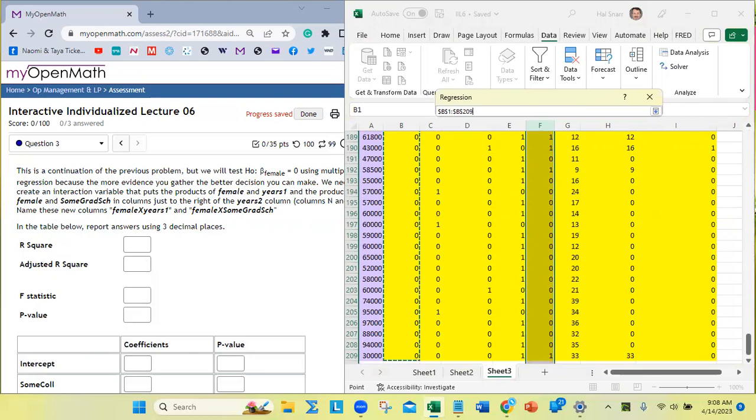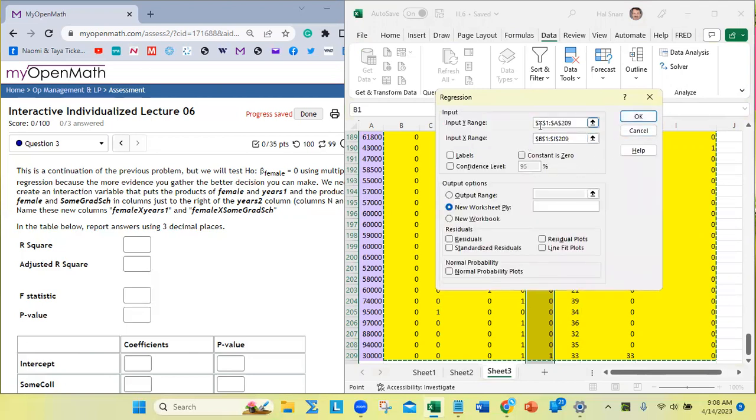Hit the down arrow once, hit the right arrow once, and then you highlight all the X variables and their labels. So here you should have A1 to A209, and here you should have B1 to I209. Because row 1 are labels, we want to check mark labels.